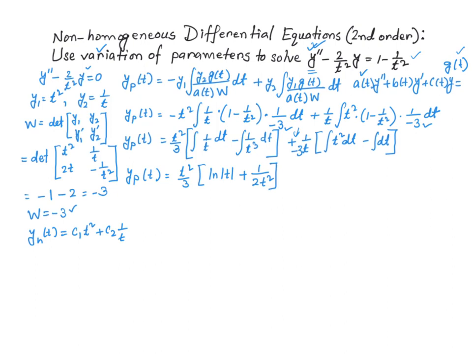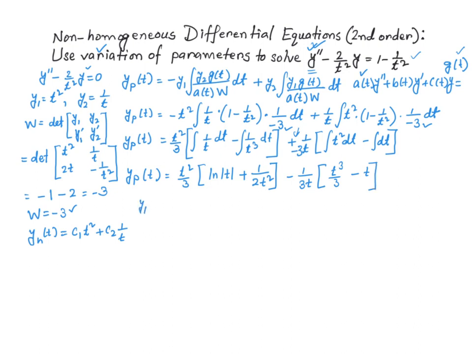So the next part is going to be negative 1 over 3t, times the integral of t squared, which is going to be t cubed over 3, minus the integral of dt, which is going to be just t, and that should be it.